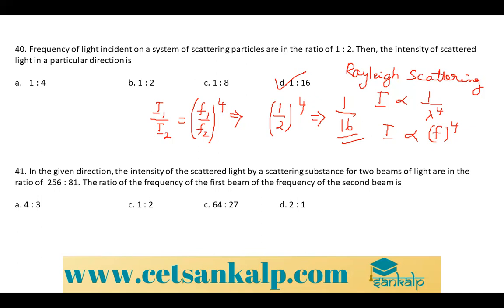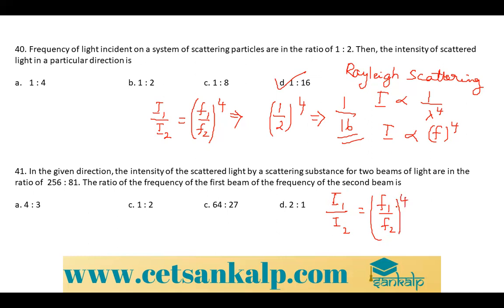So you can say, according to the same concept, I is directly proportional to the previous. I1 by I2, our given intensity, is equal to F1 by F2 whole to the power 4.